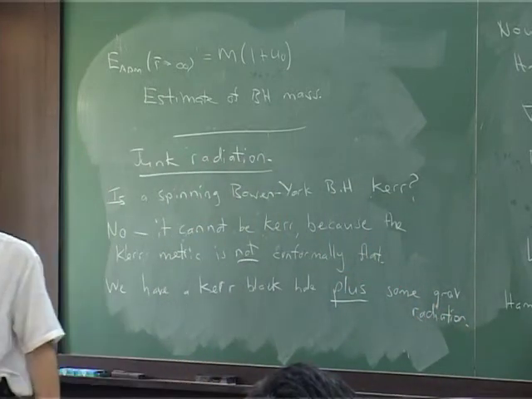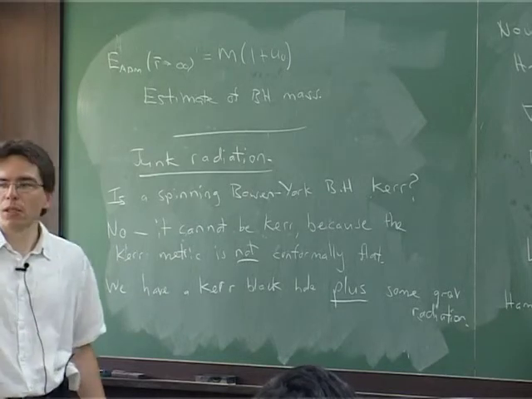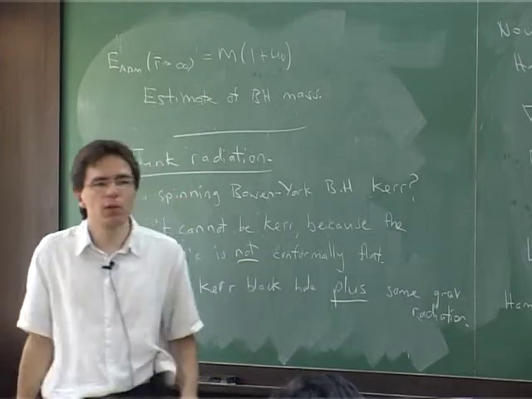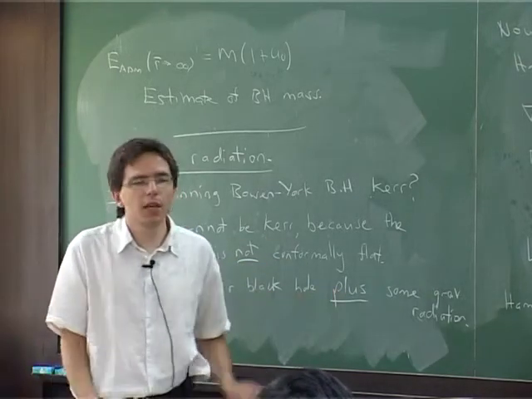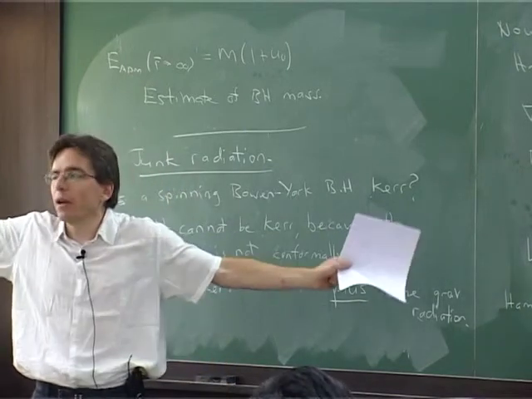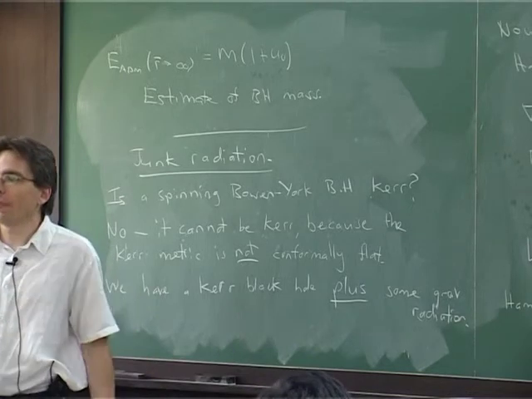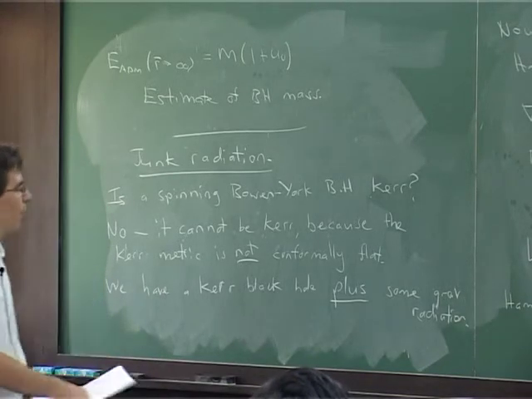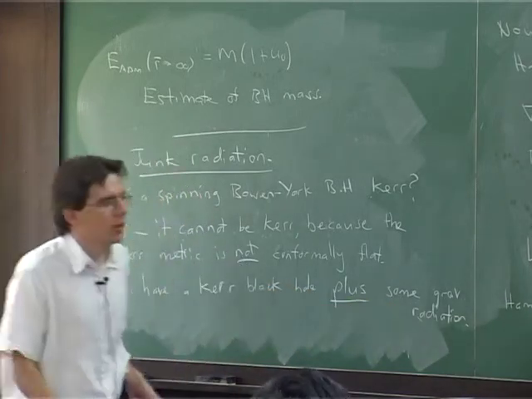That's how we've got away with producing a solution that has angular momentum but is not Kerr. It's Kerr plus some gravitational radiation. If we take these data and evolve them, we expect that the gravitational radiation is going to radiate away and that we will be left after some time with just a Kerr black hole. And indeed that's what happens. But in the meantime there's this stuff here, and since we don't want it we will call it junk radiation.